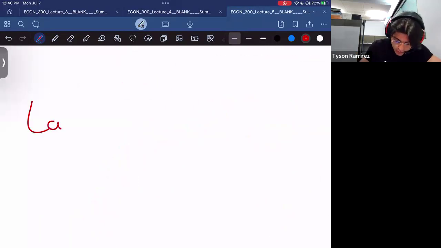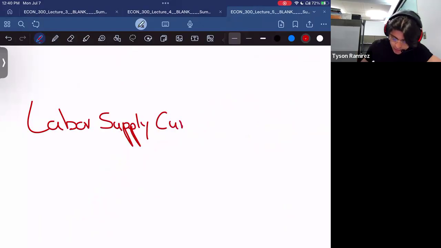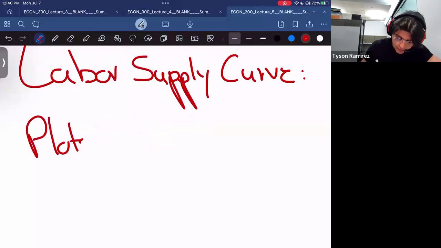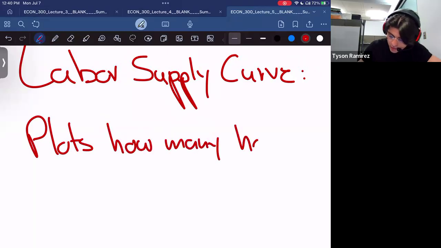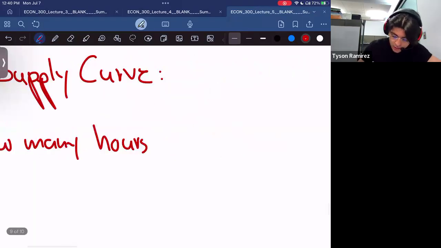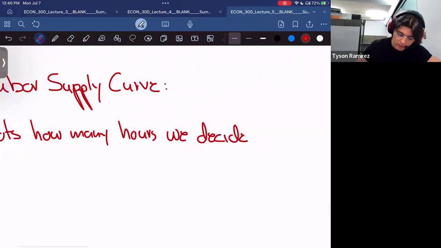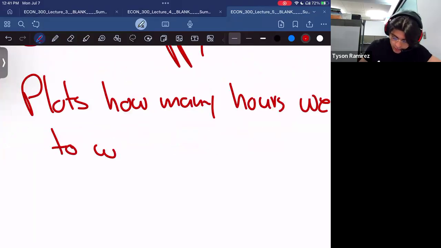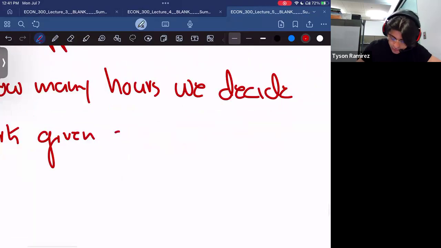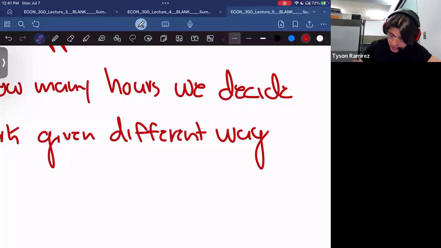So the labor supply curve plots how many hours we decide to work given different wage levels.